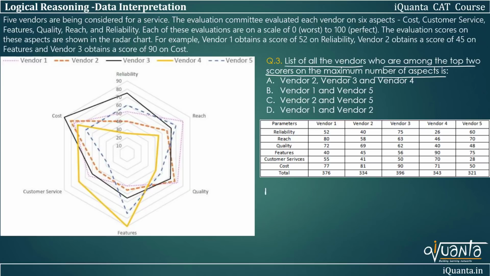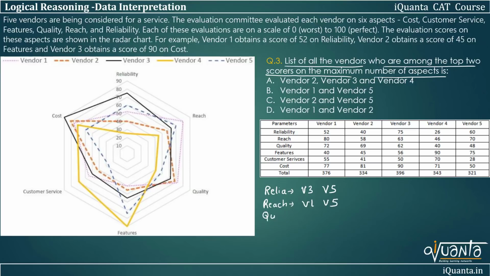So first of all, if we talk about reliability over here, the highest is of vendor 3 and vendor 5, so V3 and V5. Then if we talk about reach, we have the highest for vendor 1 and then vendor 5, so V1 and V5.